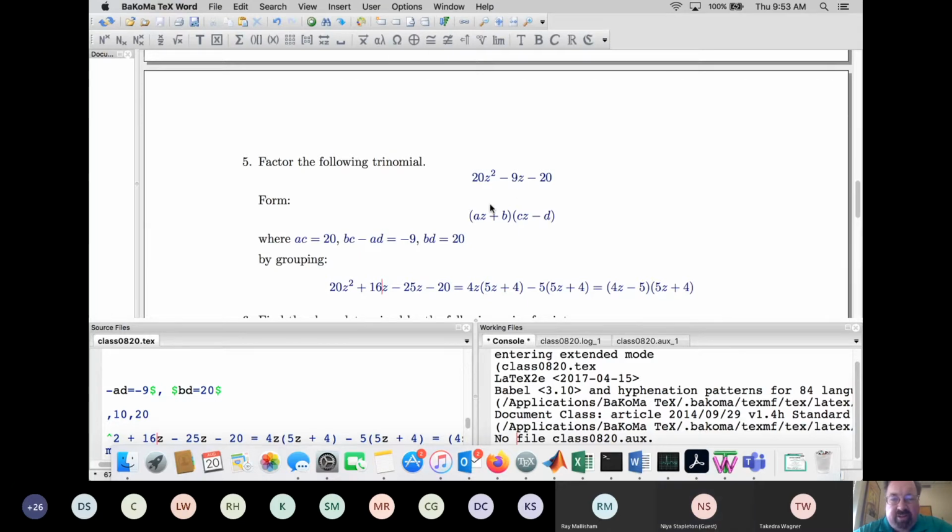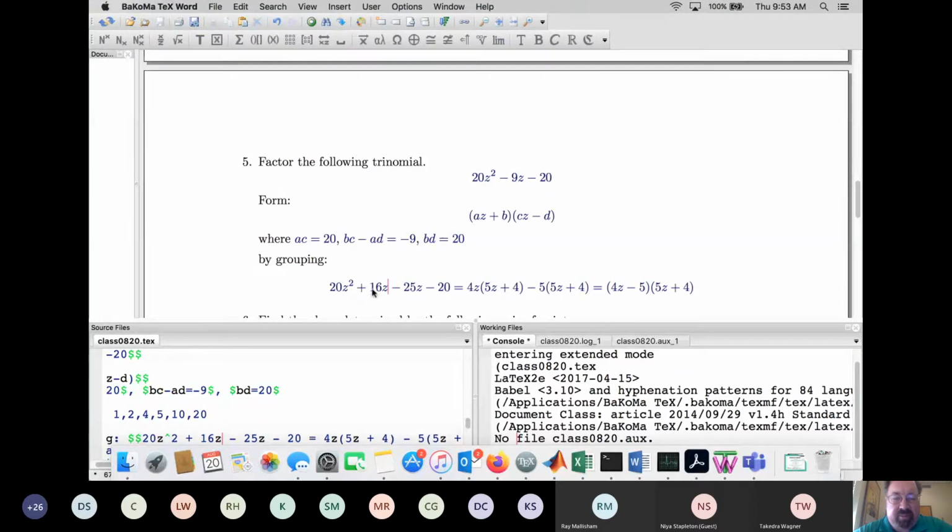Now that's a lot of possibilities there, of course. But I also wanted to choose numbers that had common factors with the other coefficients in here, which are both plus or minus 20. The reason for that is when I look at these terms, I want to be able to factor out something.